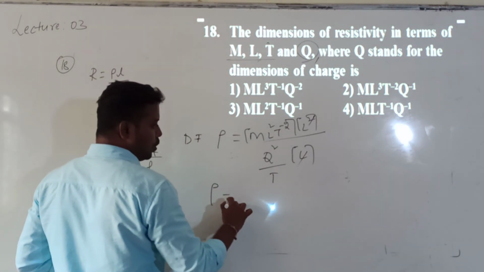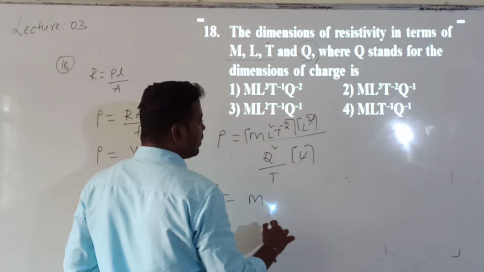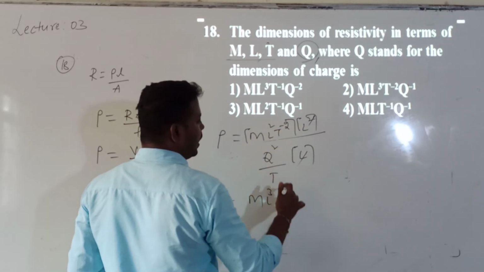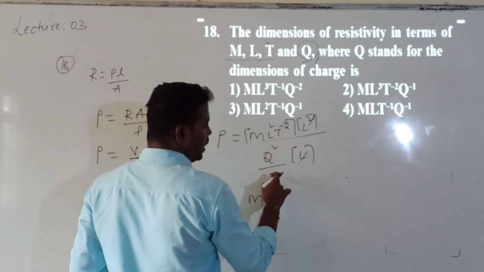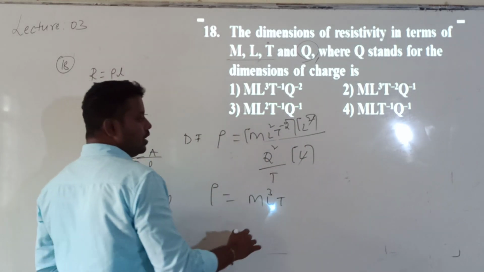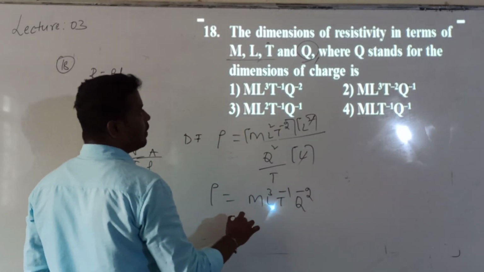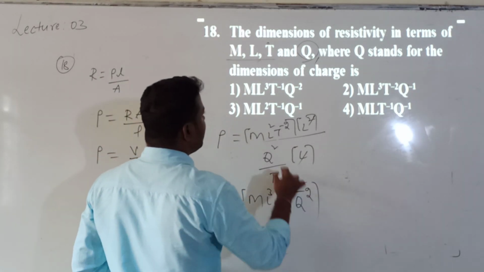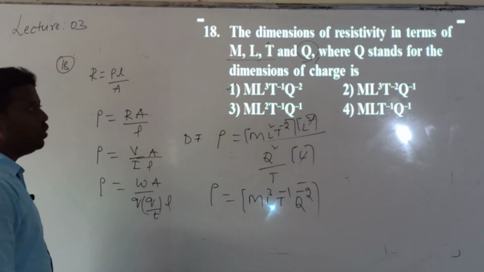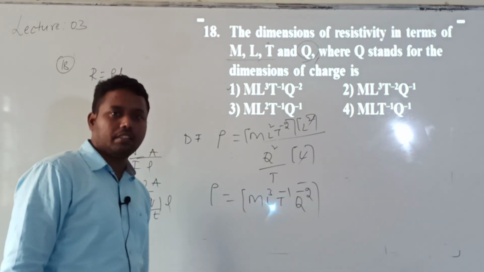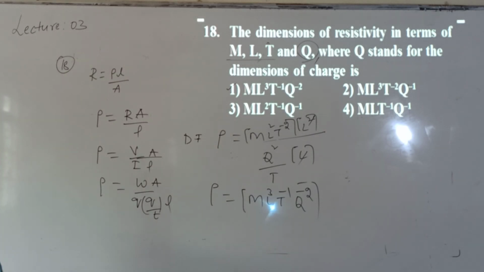So dimensional formula of rho is M L square, L square, L cube, T power minus 2, it will go to the numerator and become plus 1, T power minus 1 into Q power minus 2. That is M L cube T power minus 1 Q power minus 2. Question understood? Expressing the dimensional formula of resistivity in terms of mass, length, time and charge. This is question number 18.